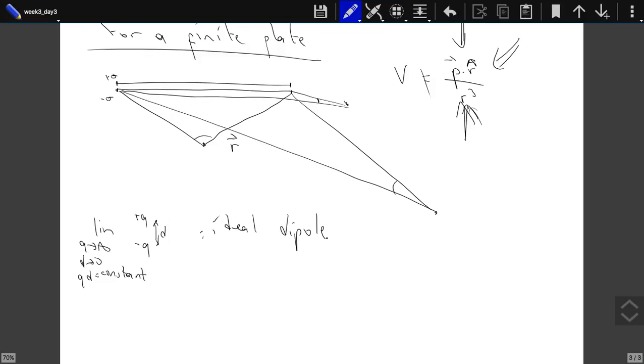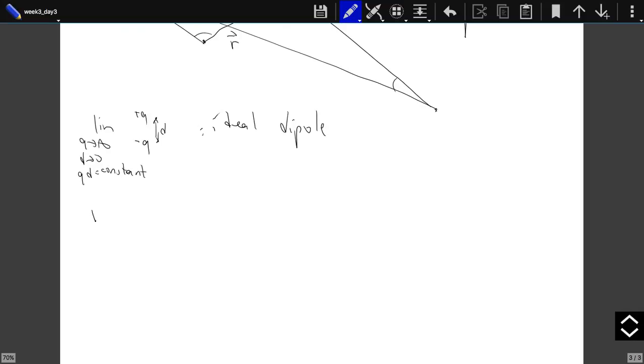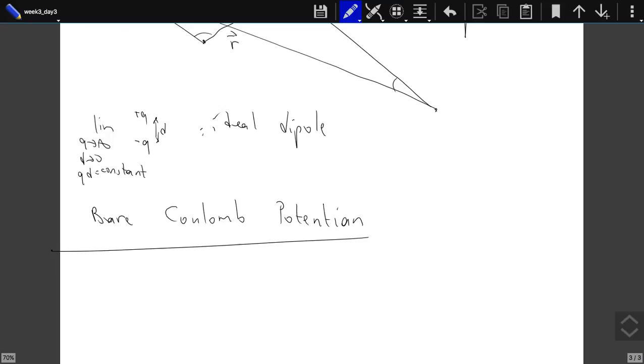So what's the Bare-Coulomb potential? Bare-Coulomb potential. And the other alternative?